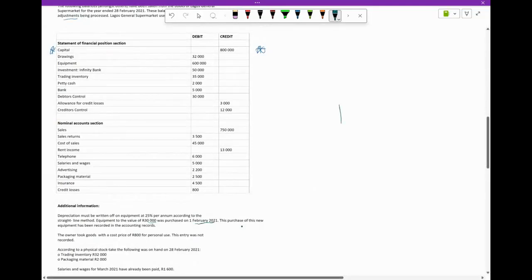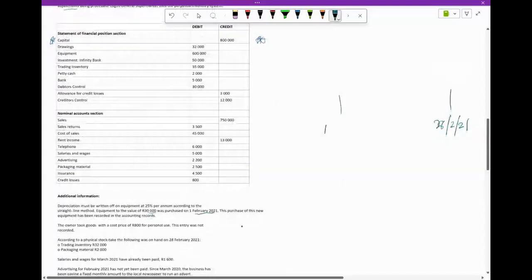Our year end is 28 February 2021, so 1 March 2020 is the beginning of our financial year. Then they said we purchased new equipment for 30,000. So that's obviously just 1 month that we've had this equipment.